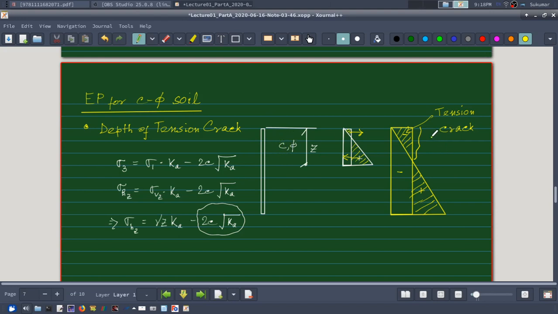In that case there will be additional pressure on the retaining wall, because this portion will become zero in that case. Alright, this term will become zero. Now we can very easily find out the depth of tension crack, say Zc, say this length is Zc, this height is Zc.